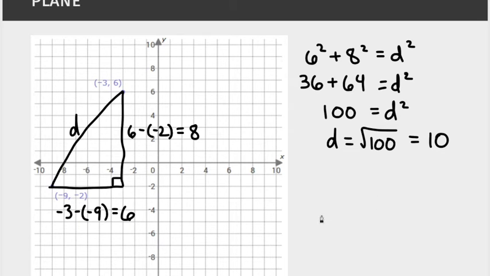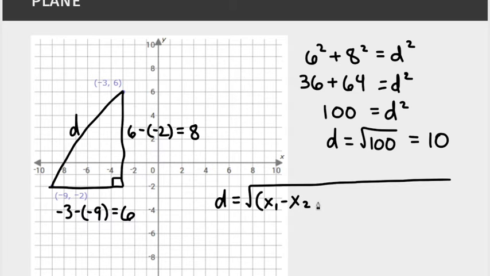We can see that this is really equivalent to applying the distance formula. Since if we look at the distance formula, we'll have the square root of the difference between the 2 x values squared plus the difference between the 2 y values squared.